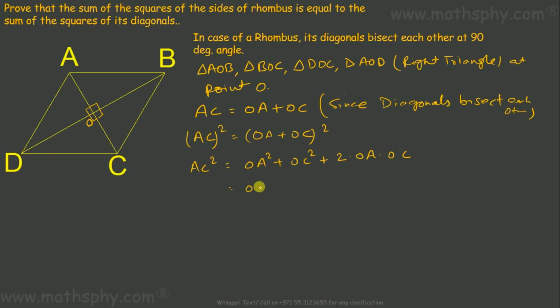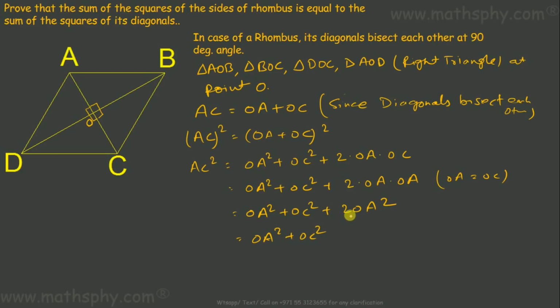I can take it as OA square plus OC square plus 2 into OA into OA, since OA and OC are equal. Okay, I'll write OA is equal to OC. So this will be OA square plus OC square plus 2OA square. So 2OA square means OA square plus OA square.